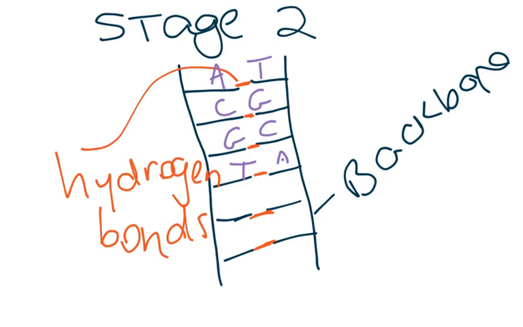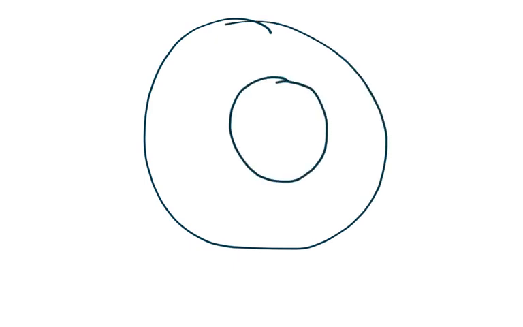Alright, so if we go back to our little diagram that we had before, if we look at the DNA in the cell, it's in the nucleus of the cell, all this is happening, so we end up with the rung of the ladder. So I'm going to draw the cell again real quick over here. So we have our cell, I'm just going to draw it real big so you can see, and we have the nucleus in here. Now remember, at this stage, the DNA has unraveled and it looks like the rung of a ladder.